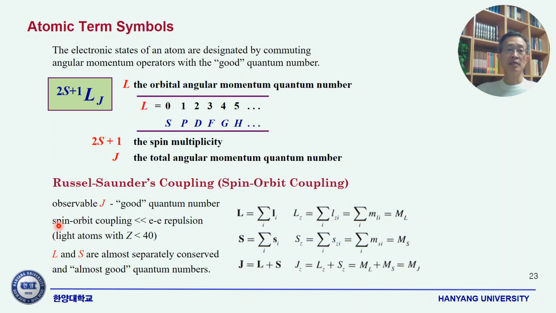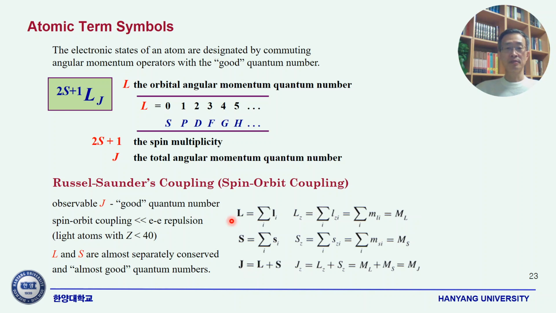The condition is that the spin-orbit coupling is far less than the electron repulsion. So in that case, L and S are good quantum numbers in a way that we can treat them separately. People say they are almost good quantum numbers.